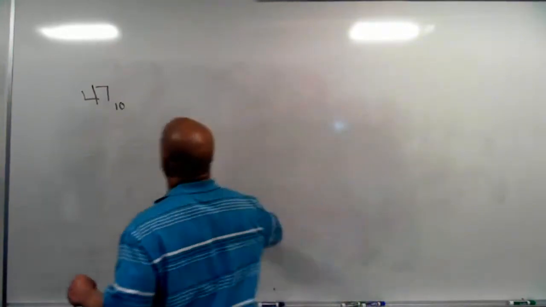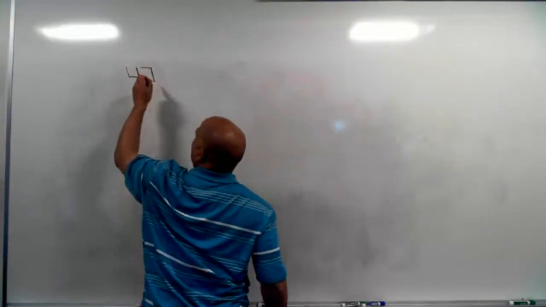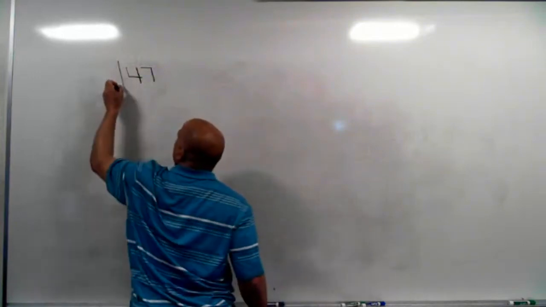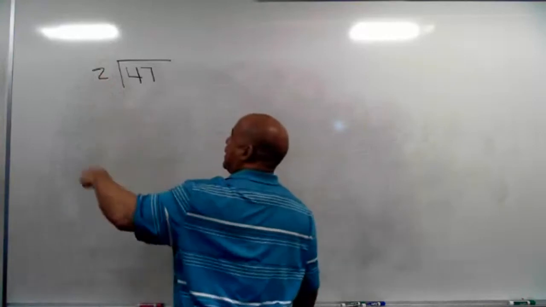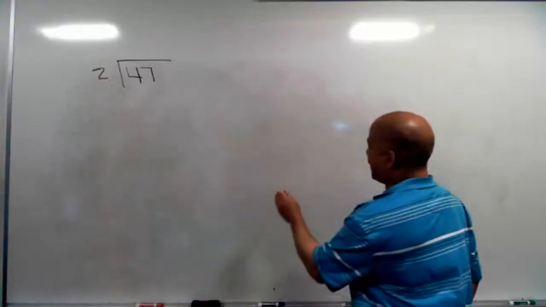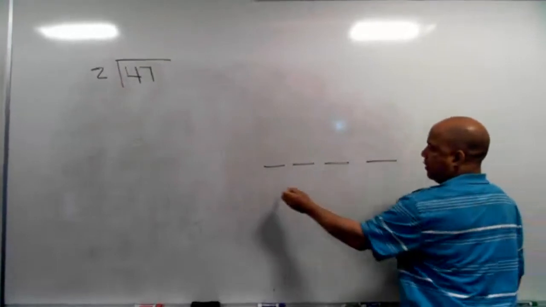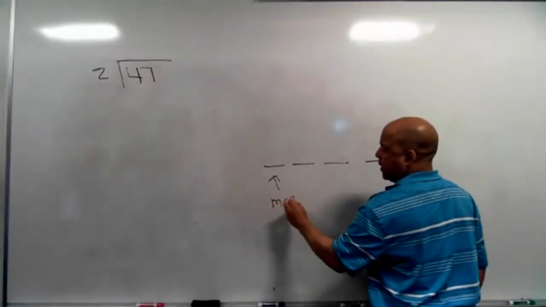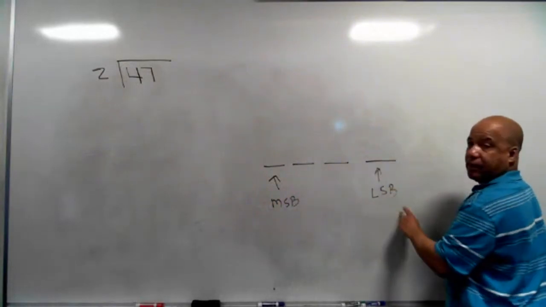So for example, let's say I want to convert 47 to binary. I'll leave the base 10 off, but you know it's base 10. I'm going to divide this by 2 and keep track of the remainders. Remember what I said earlier, when you have a binary number, the leftmost bit is called your most significant bit, and the rightmost bit is called your least significant bit.